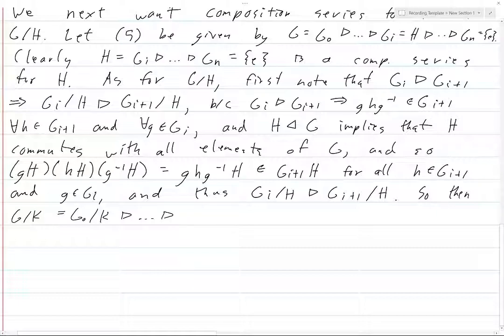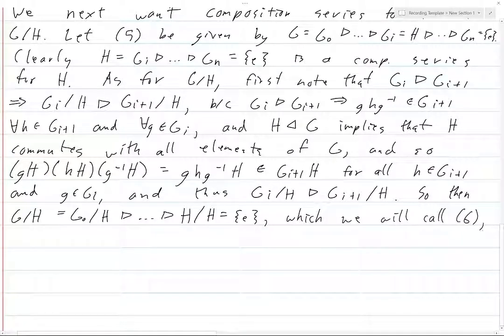So G mod H equals G_0 H contains... and I'm just going to end with H mod H, which is E. Not going to include that other thing there. Which we will call 6, so we actually have 6 of them, is a normal series for G mod H.